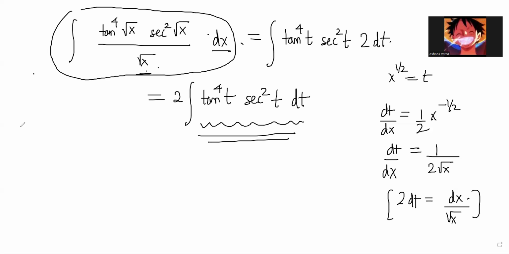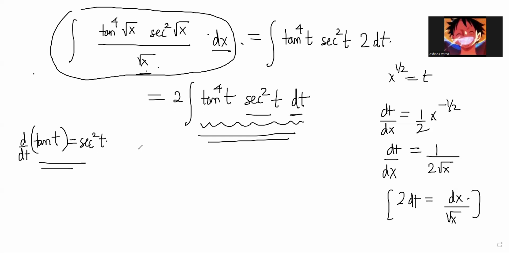So what we will do is another substitution. First of all, notice one thing: tan's derivative, d by dt of tan t, is sec square t. So sec square t and dt is present here.